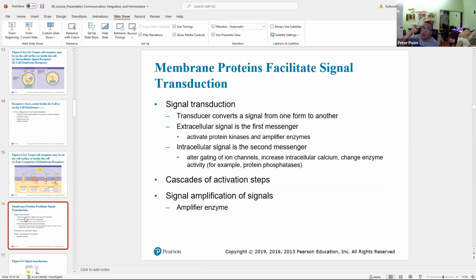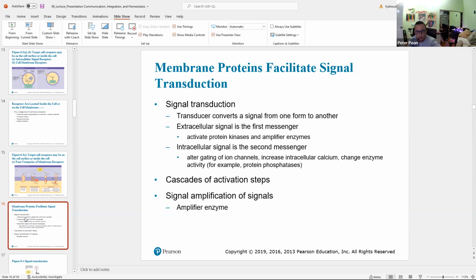Okay. So, signal transduction. The transducer converts the signal from one form into another. That's by definition. Usually you need two messengers: the first messenger and the second messenger.